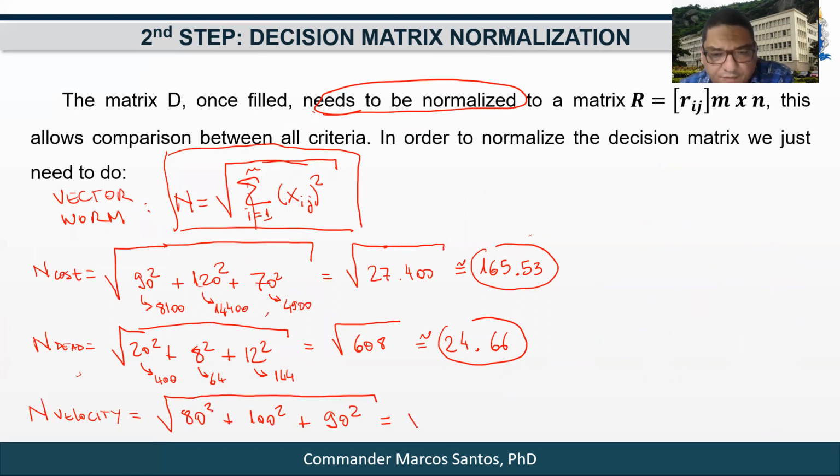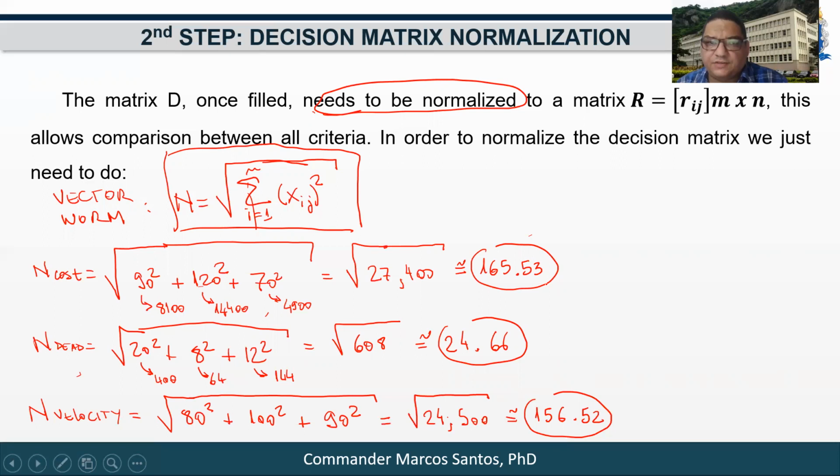So we have the square root of 24,500, approximately 156.52. Okay.